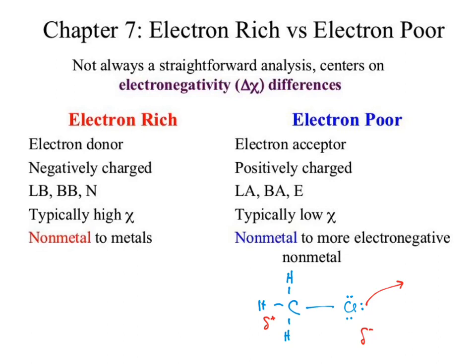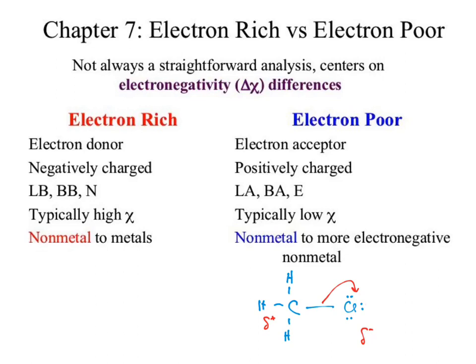What is that chloride doing? Stealing electrons from the carbon, making the carbon electron poor. Once the chloride has left, we now have Cl-, and Cl- can now be classified as electron-rich. But it has to have left the structure first. Okay? Kind of makes sense?